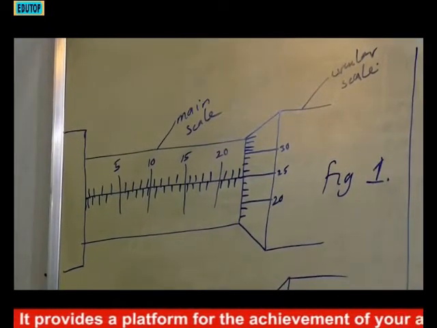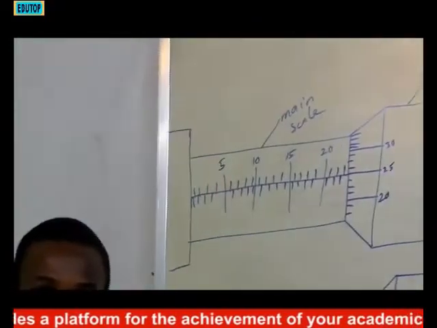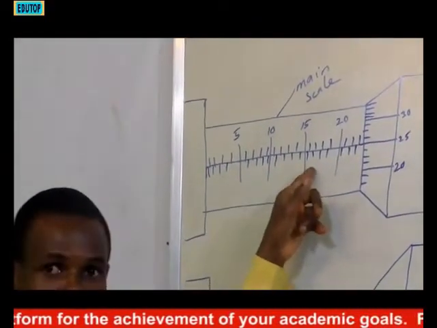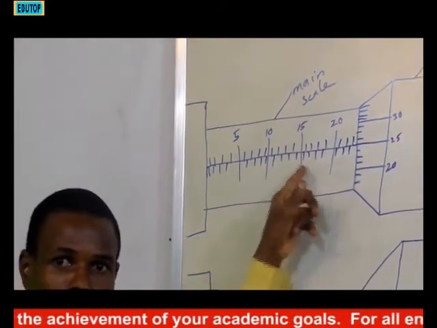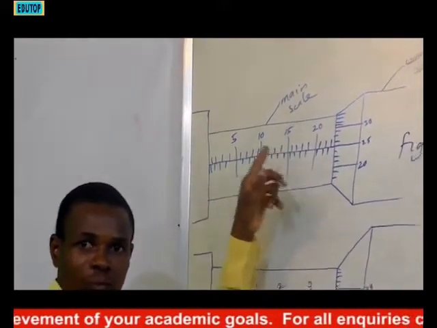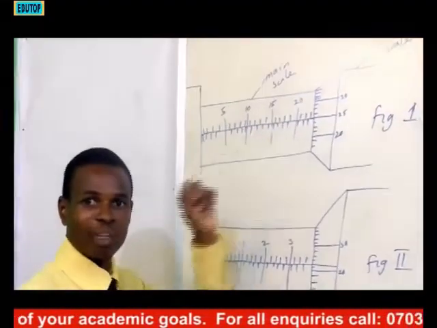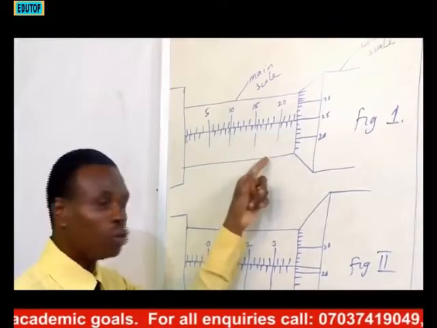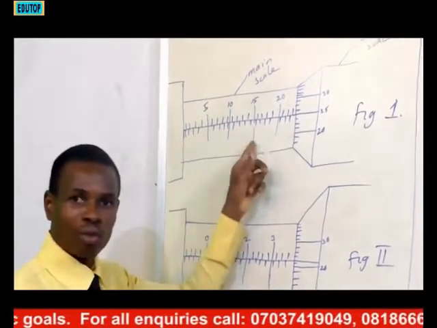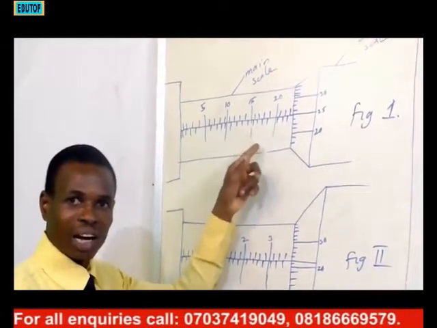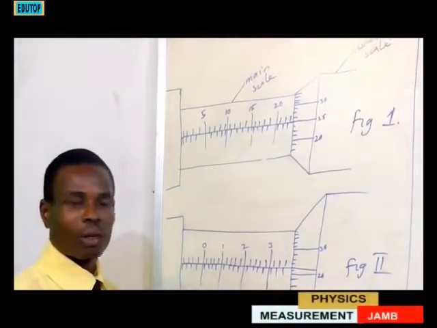A small length of wire, we want to know its diameter. You can use a micrometer screw gauge to get the value of the diameter.